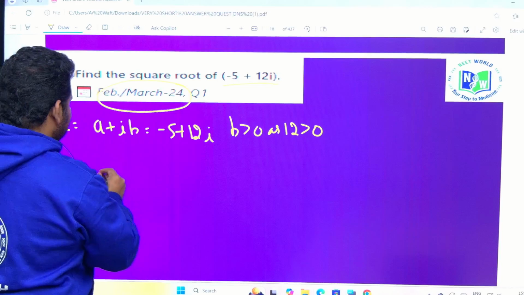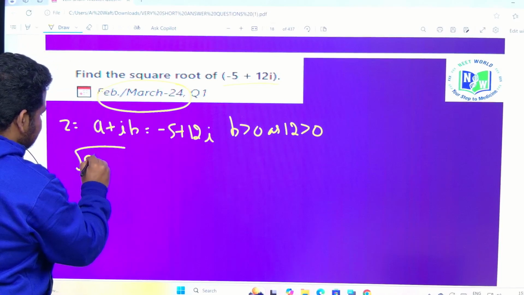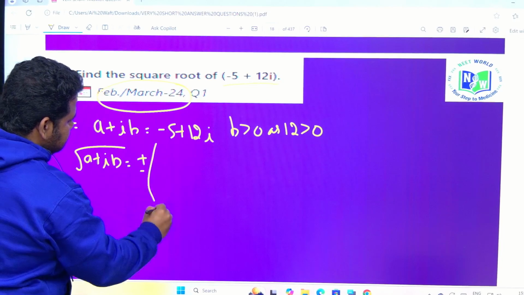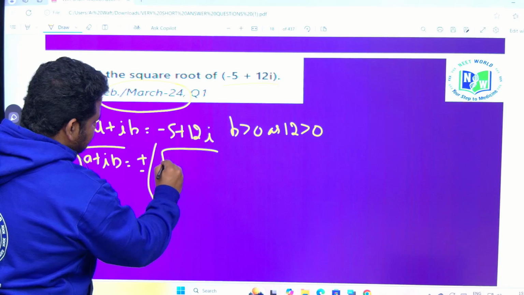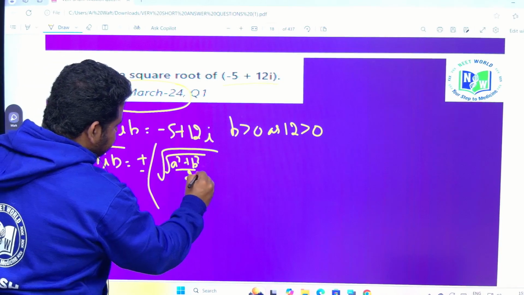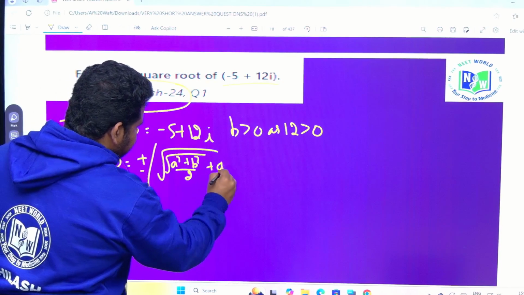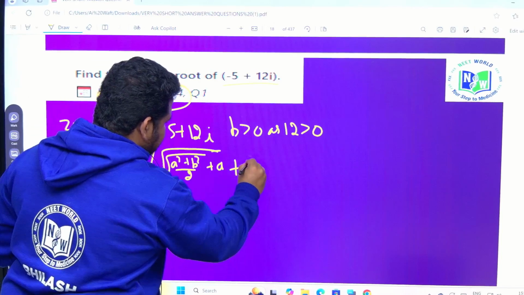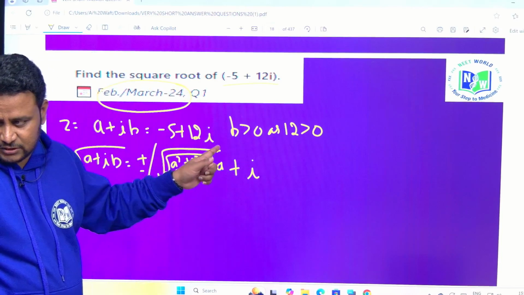So, here the formula will become, friends, plus or minus, square root of a square plus b square by 2 plus a. Now, plus I. Why plus I? Because b is greater than 0, positive.